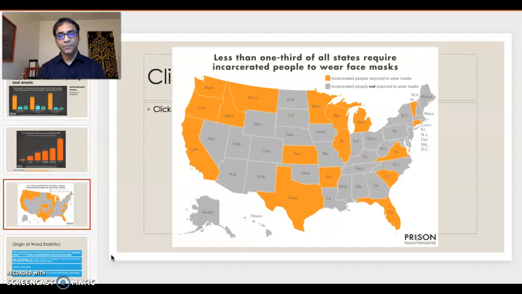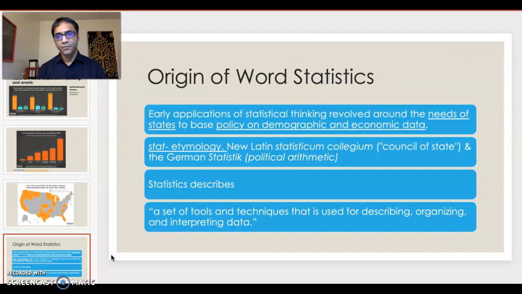So it is extremely important to know how to read articles, be it on social, cultural, or political issues. It is extremely important to know these basic minimum skills. The word statistics came from the early application of statistical thinking, which revolved around the needs of the state to base policy on demographic and economic data.